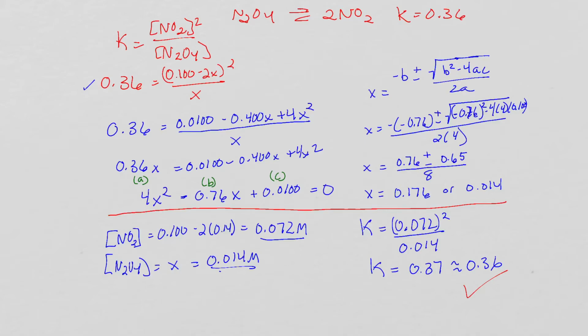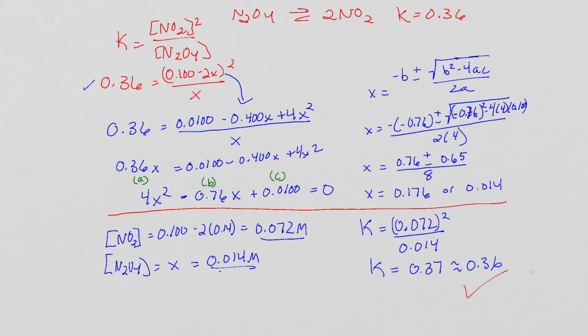Really the only thing we can do here is get rid of this square. We can distribute this, or factor this, however you want to call it. We can take 0.1 minus 2X times 0.1 minus 2X, and if you do that, you end up with 0.01 minus 0.4X plus 4X squared. Of course, there's some algebra that goes along with that I'm not going to write all out here.